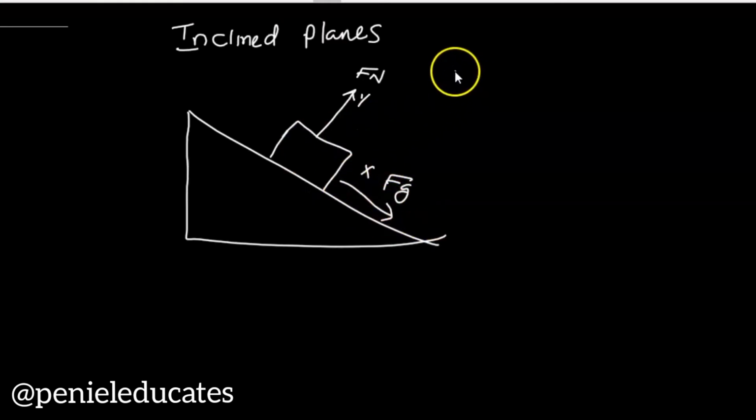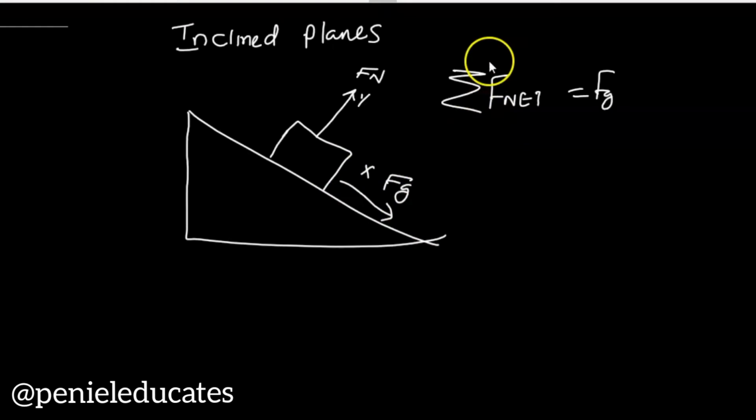Now, the net force, F net, is going to be Fg. This Fg is the one pulling the block down, and because this is a frictionless inclined plane, the box will just be going down. So the only force that is acting on it is the one that is pulling it down the plane.